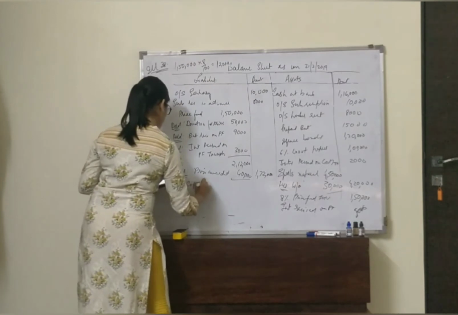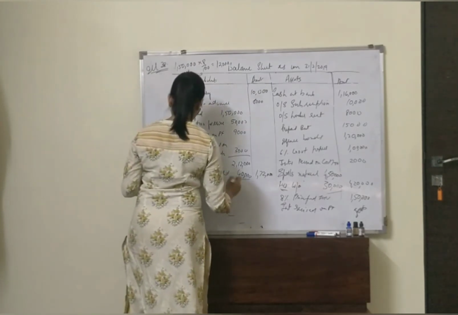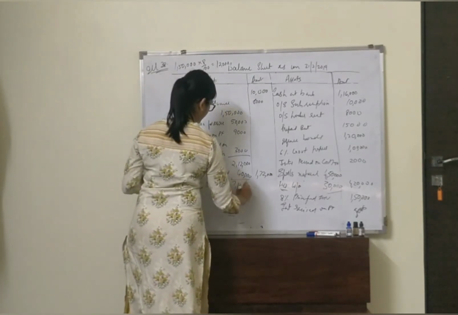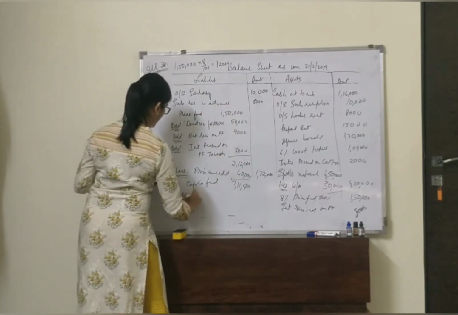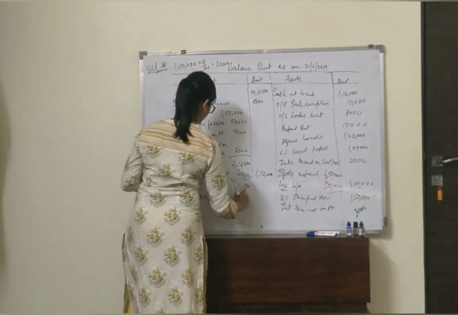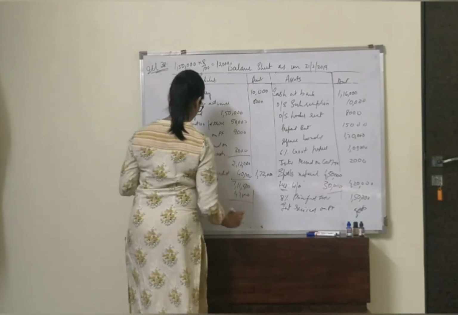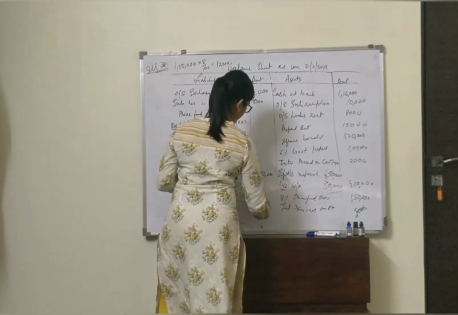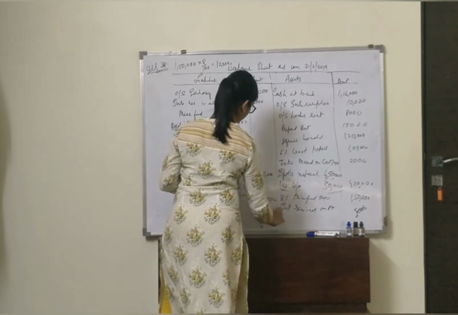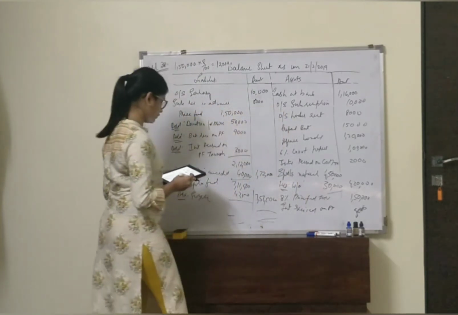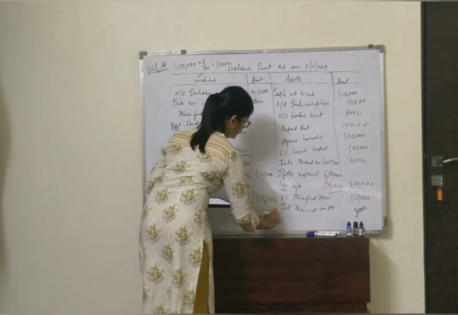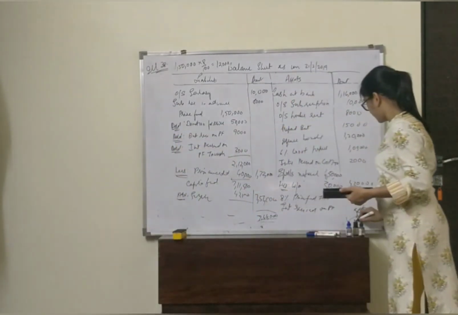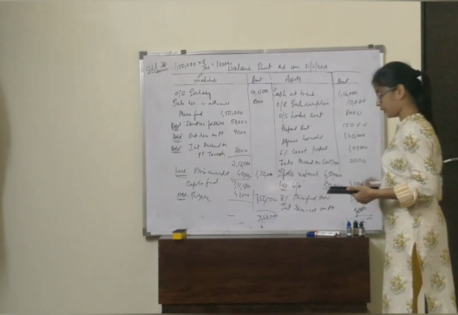Last we have is capital fund. How much is the capital fund? 7,11,500. Add surplus 42,500. How much do we get? 7,54,000. So what's the total of our balance sheet? 9,44,000.